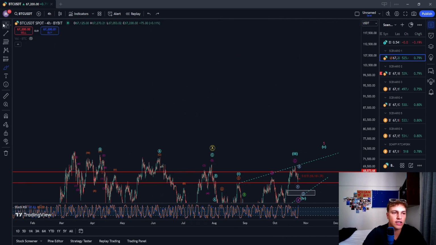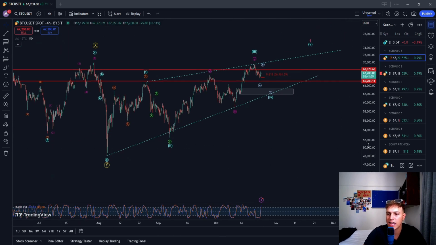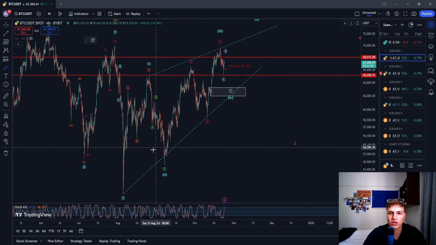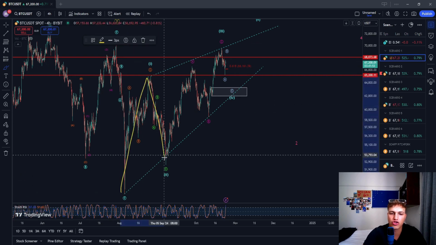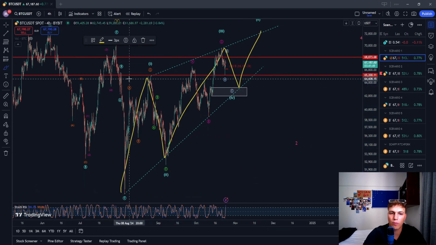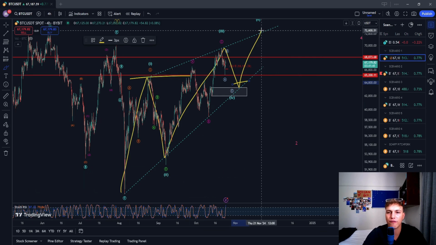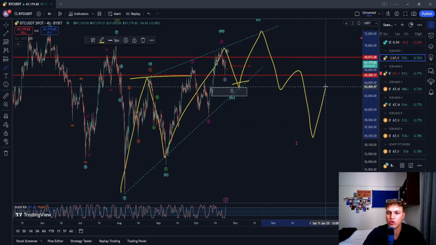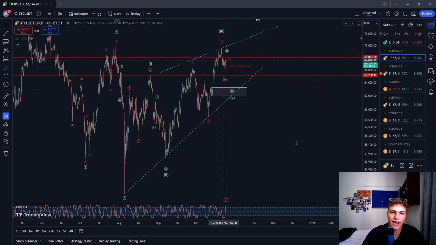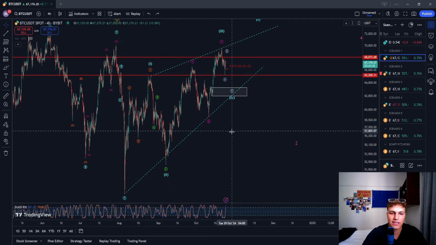So if we look at the chart at the moment, this is the main scenario, a diagonal towards the upside, a 1, 2, 3, 4, 5, where wave 1 and wave 4 do indeed overlap, followed by an ABC in wave 2, and then that blast off in wave 3. So that is where we are looking at the moment in the main scenario.